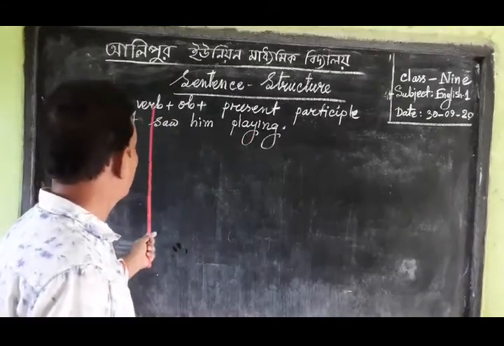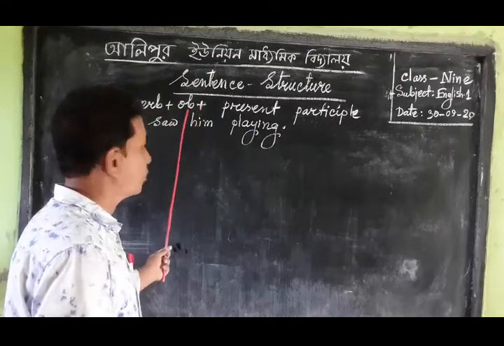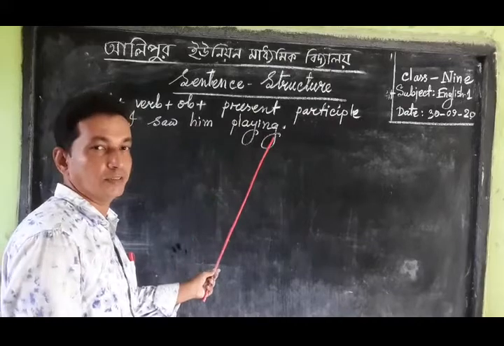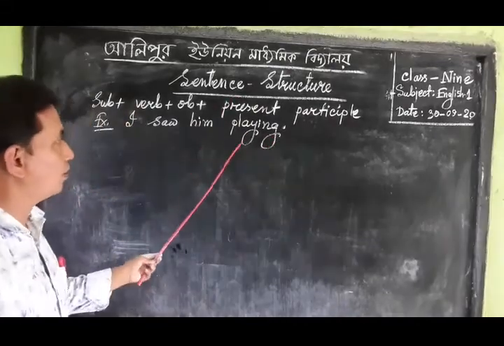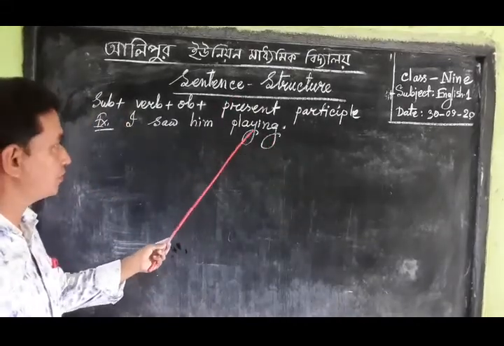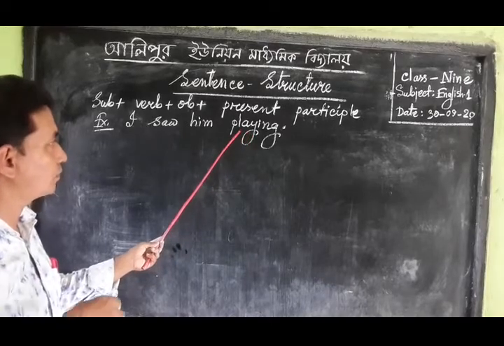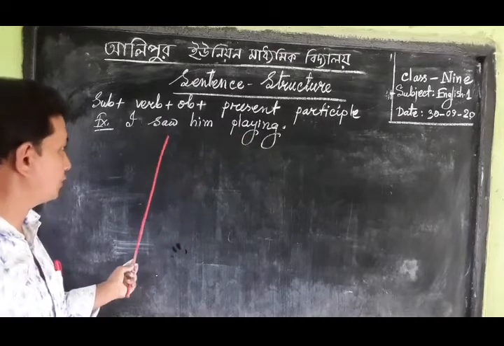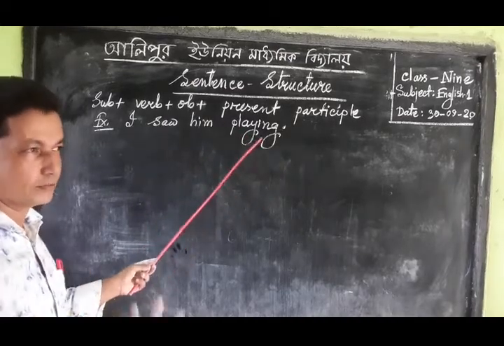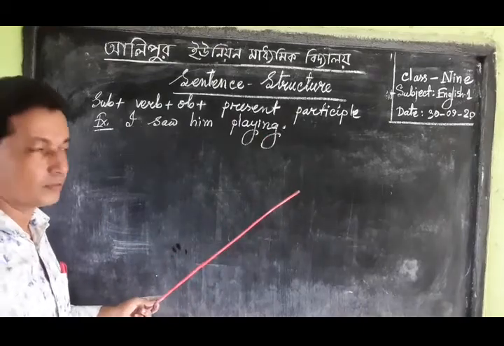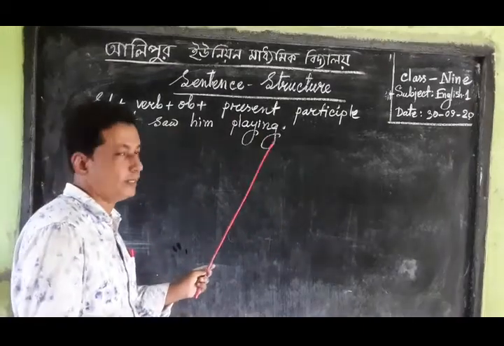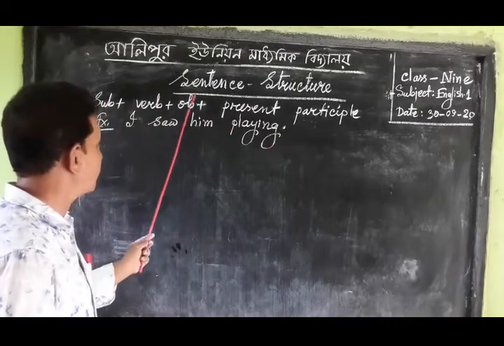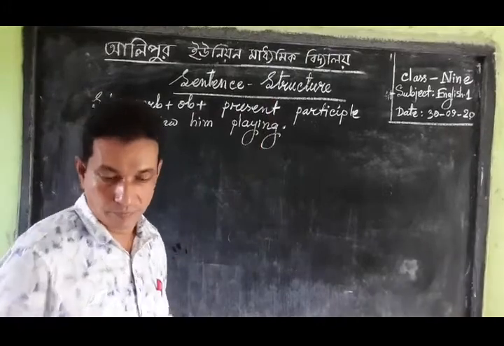I is a subject, saw is a verb, him is an object, and playing is a present participle, because play plus ing. It is called present participle because this verb is acting as adjective or verb in a sentence, and its structure is verb plus ing. So I saw him playing is an example of subject, verb, object, present participle.